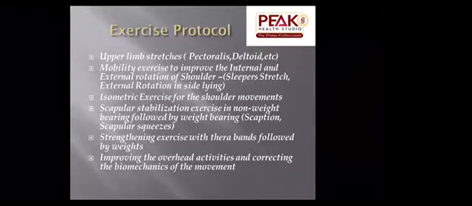After initial mobilization of the shoulder, once free active movement is possible, we'll move to stretching the internal and external rotators, like the sleeper stretch, and external rotation in side-lying, avoiding gravity.